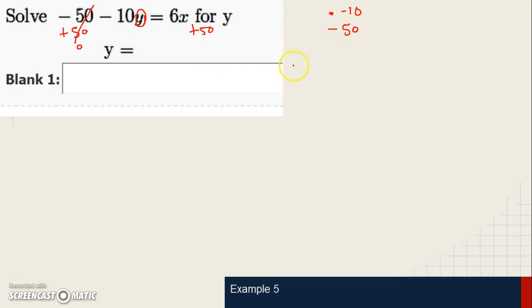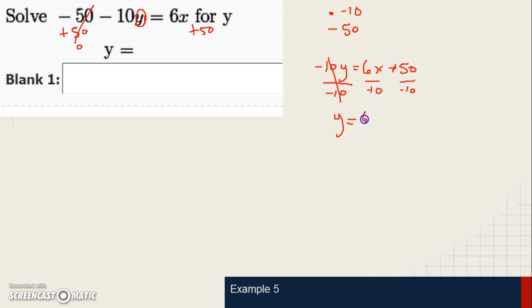When you add or subtract 0, it's an identity, so it's gone. And I have negative 10y equals 6x plus 50. I divide by negative 10. And again, I'm dividing each term by negative 10. Negative 10 divided by negative 10 is an identity. That's 1. When you multiply by 1, it's an identity, so that is just y.